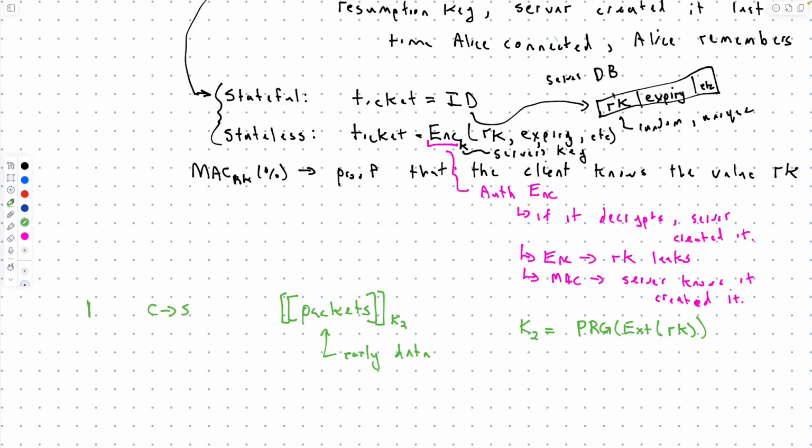Right. Yeah. I think generally stateful is better from a security posture, but stateless is better for performance. As soon as you see it, you know what it is. You don't have to look it up in a database and things like that. Yeah. And if you have millions of users, stateless is going to make a tangible difference. Yeah. So you can think of it as sort of security versus performance.